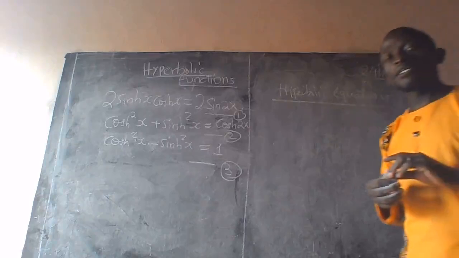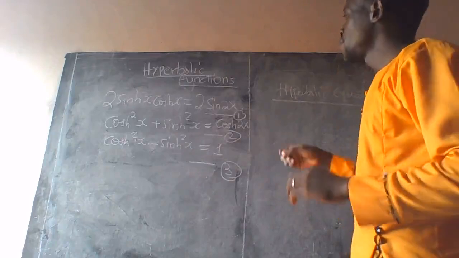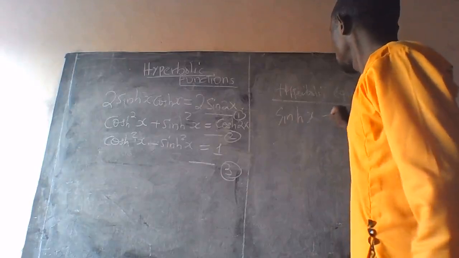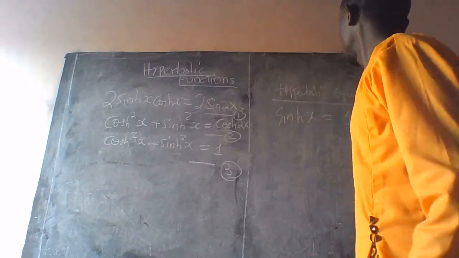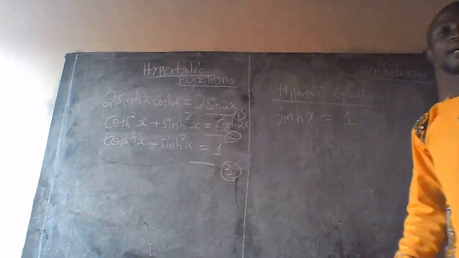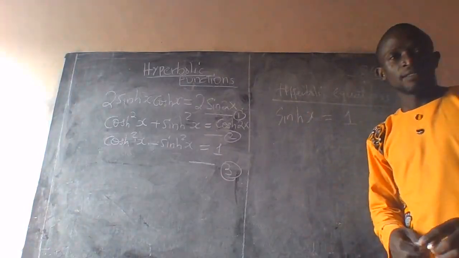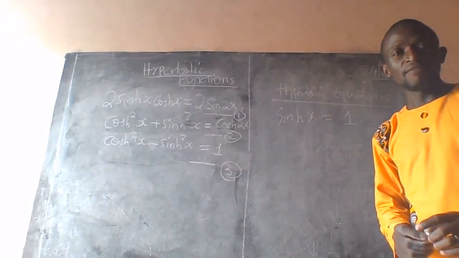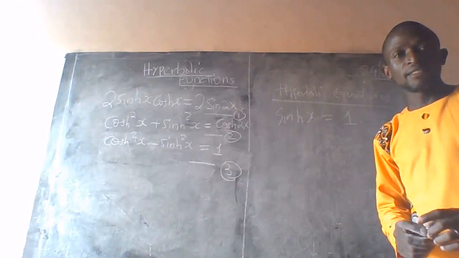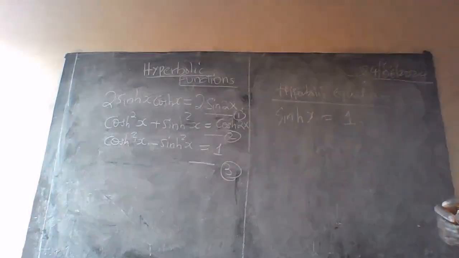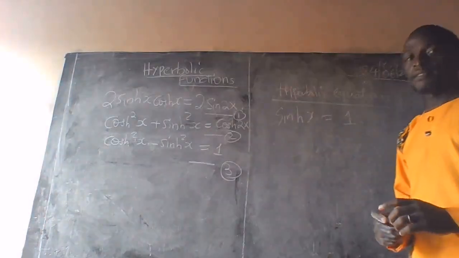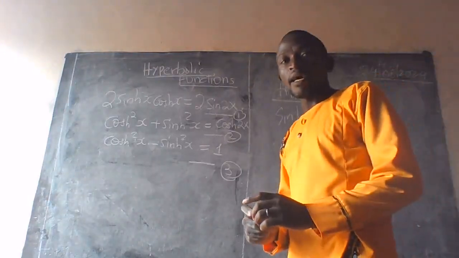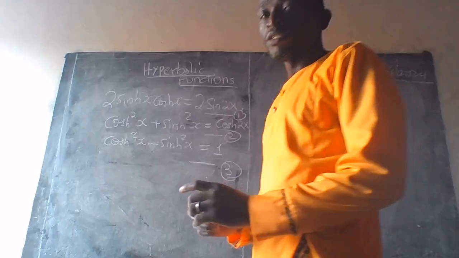The simplest hyperbolic equation we have is sinh x equals 1. What are the values of x if sinh x is equal to 1?